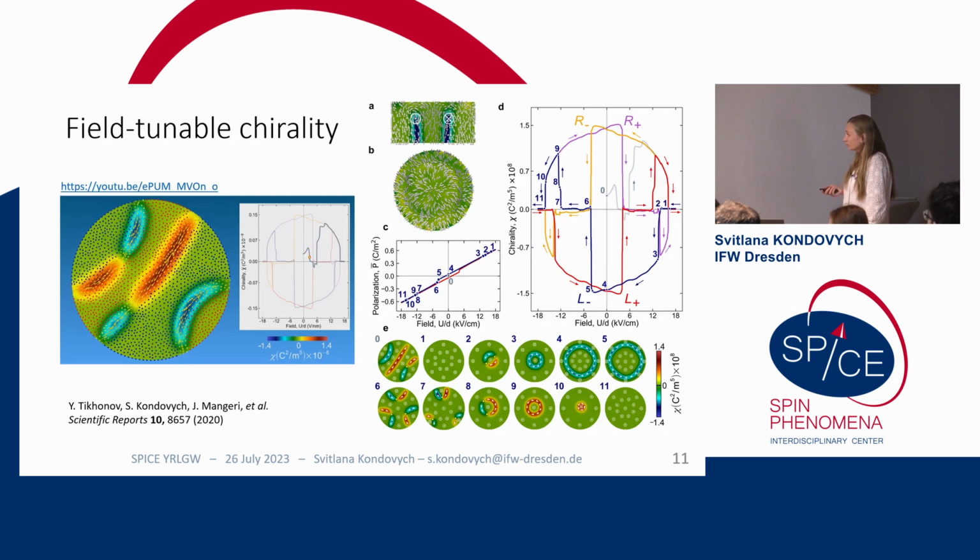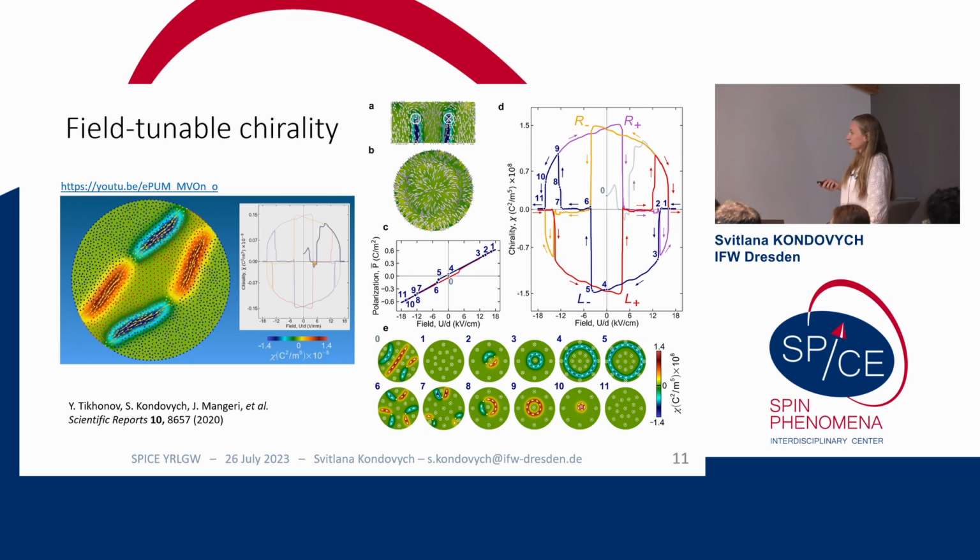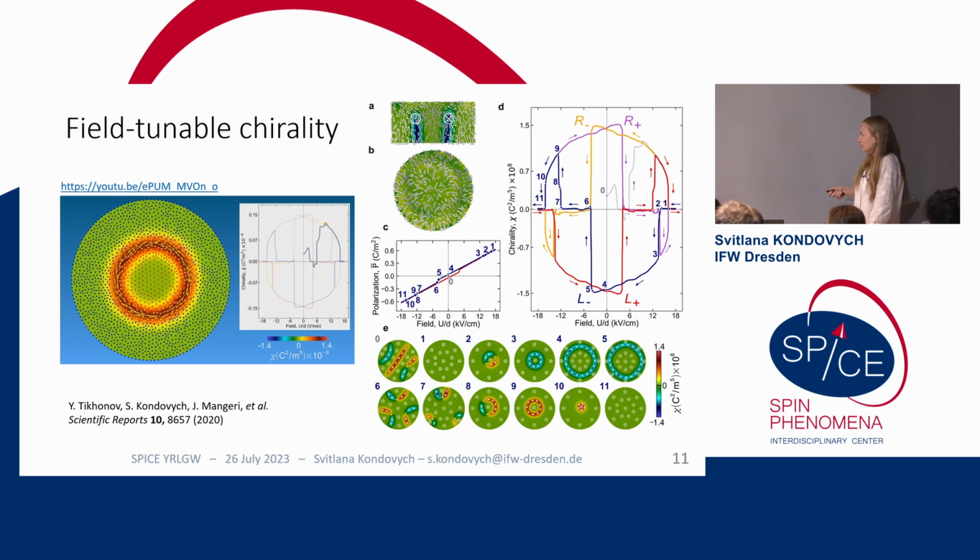We show this switching process in the skyrmion. So here you see the particle coming to one state. This is a video going through all the switching states when we apply electric field and then go back and forth, so we apply field in opposite directions.